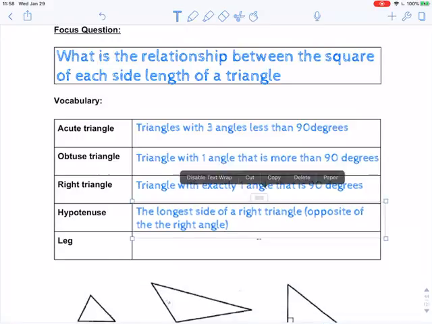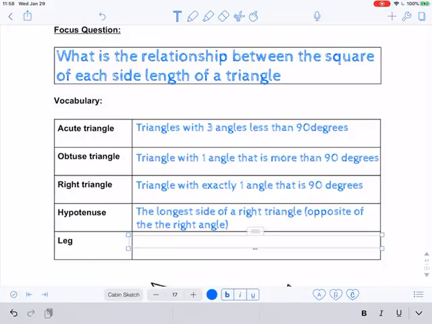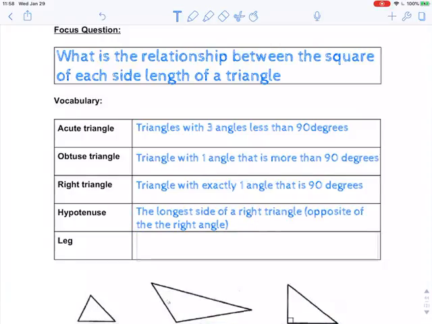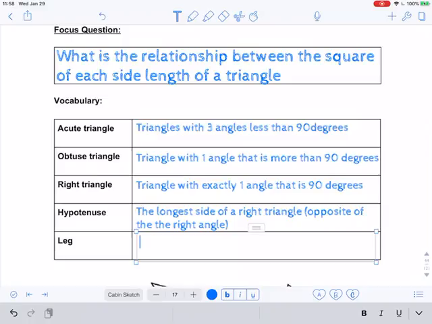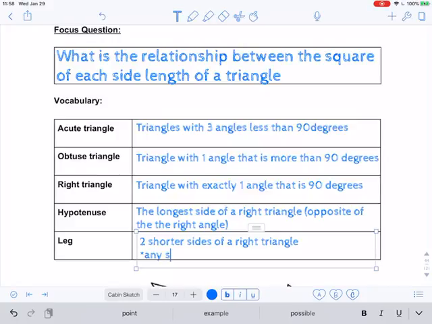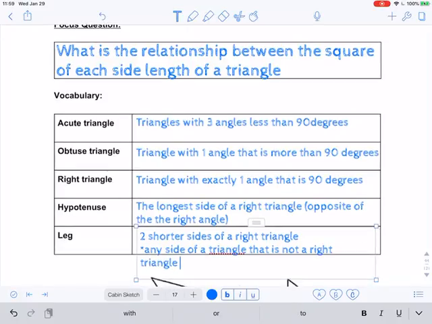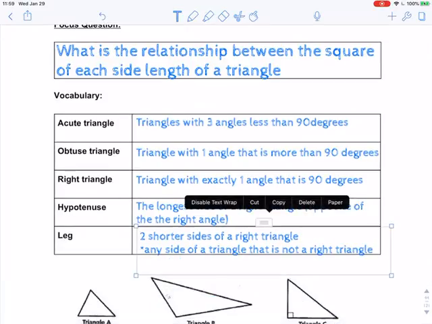And lastly, a leg is one of the two shorter sides of a right triangle, or it could be any side of a triangle that is not a right triangle. So if it's not a right triangle, every side length is considered a leg.